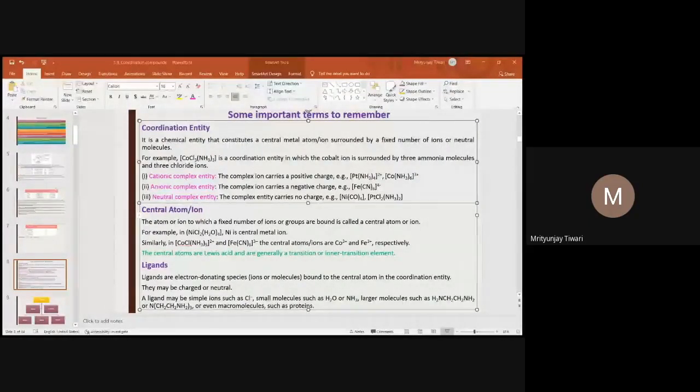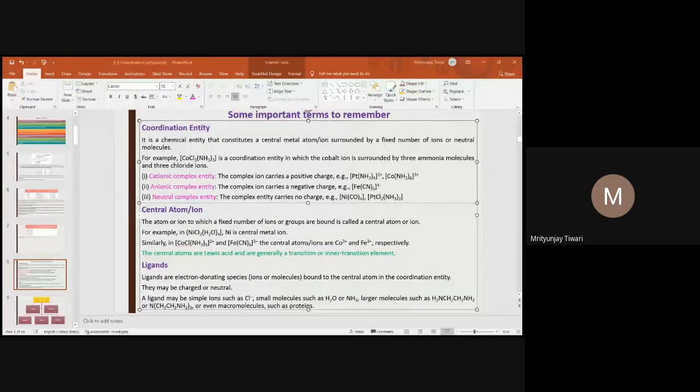Let us now see the definition of ligands, and we will also see the different types of ligands. Ligands are electron donating species, meaning they are electron rich species, and only then can they donate electrons. They may be ions or molecules. If ligands are ions, they will mostly have a negative charge, with some exceptions you can see in some coordination complexes.